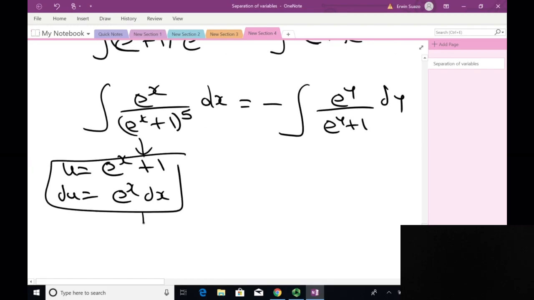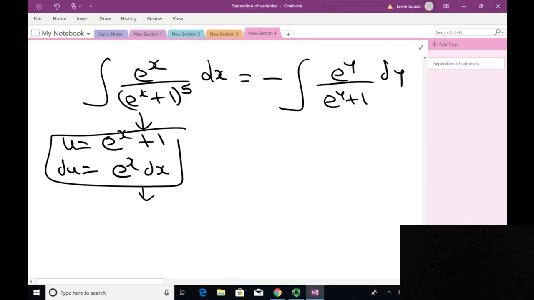So the integral of e^x dx is du, right? So du on 1 over (e^x + 1)^5. So instead of that, what should I write? u to the 5, okay?